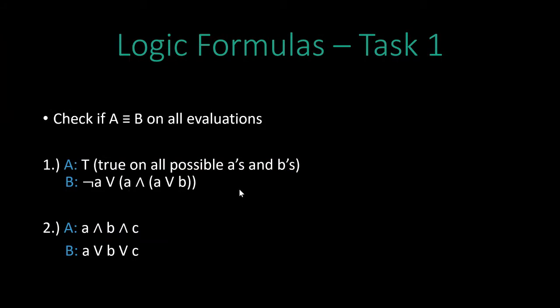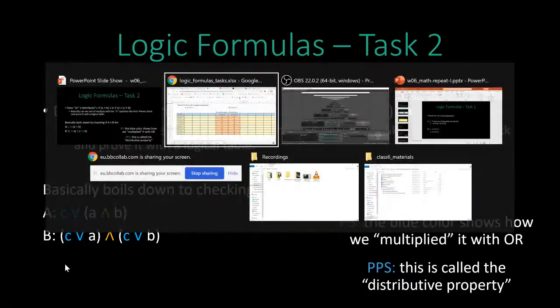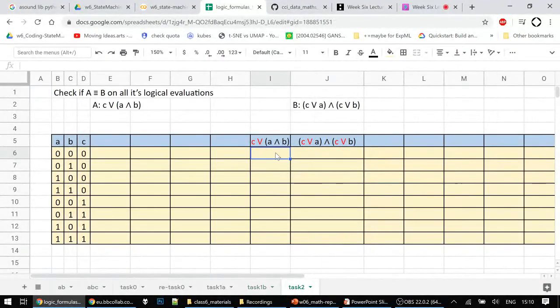Okay, so let's go to the task number 2. And that one was basically still the same thing as we were doing before. But this time there was a meaning behind this. So let's just check these two formulas and do them here. What will be useful?